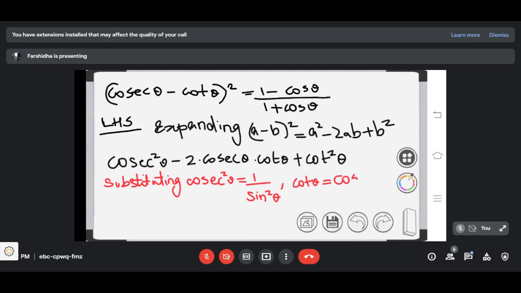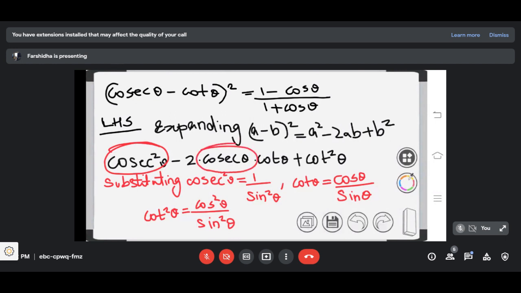Cos theta by sine theta. So cot square theta you can write as cos square theta divided by sine square theta. So we'll replace all these things: cosec square theta as 1 by sine square theta, cosec theta as 1 by sine theta, cot theta as cos theta by sine theta, and finally cot square theta as cos square theta by sine square theta.